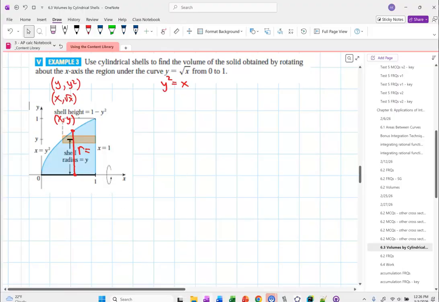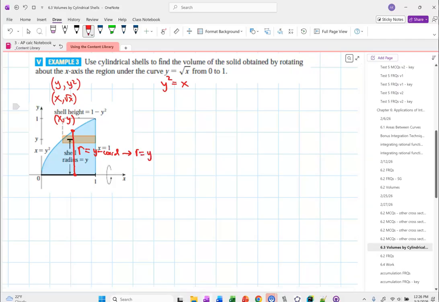So my radius should be y squared. Is everybody okay with that? The height of my cylinder is going to be drawn through the solid part of my figure back to the boundary. That's my height. Is everybody okay with that?